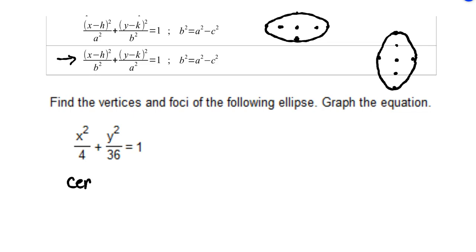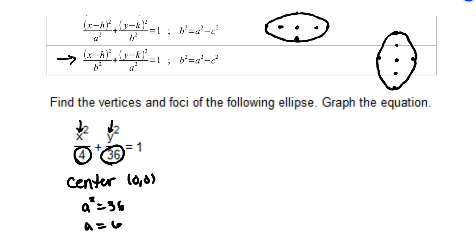So you can see our center is (0, 0) because there are no numbers added or subtracted inside those squares. And then a squared is going to equal 36, telling me that a is 6. Then b squared is equal to 4, meaning that b is 2.